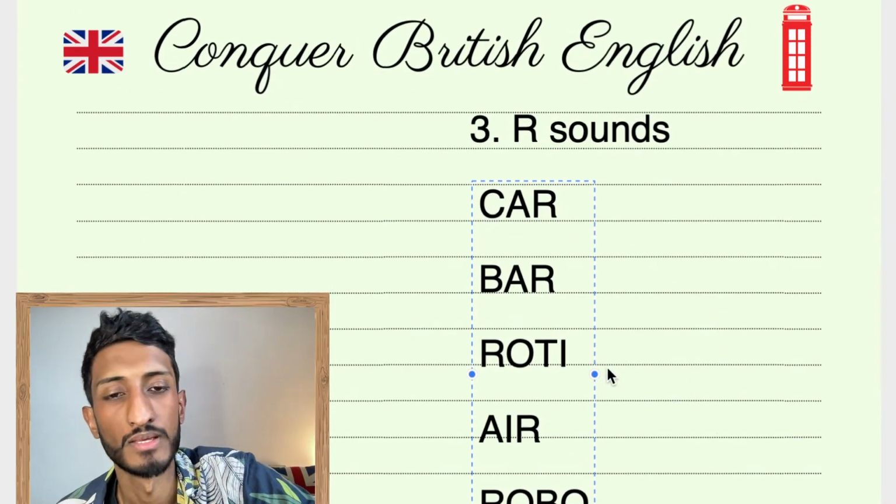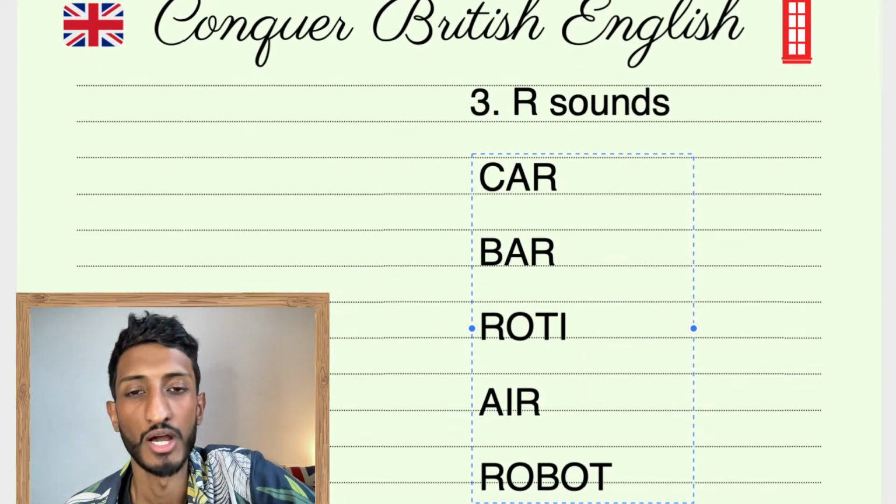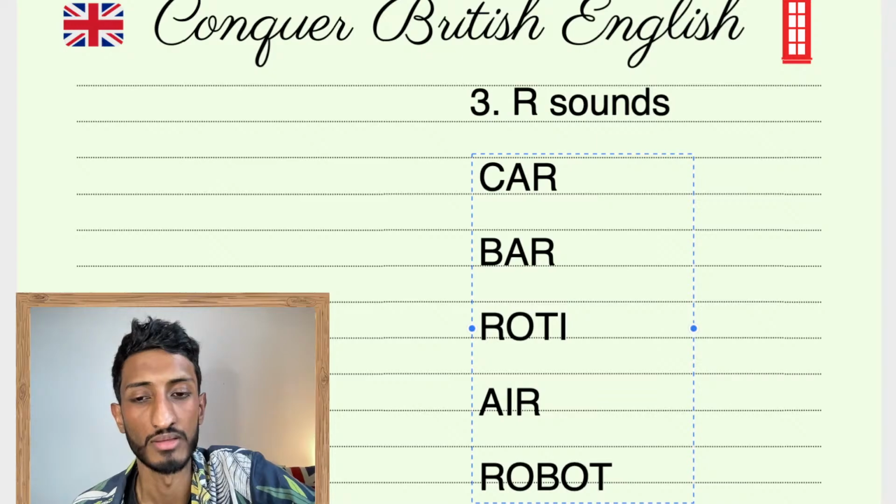Right, let's just analyze these for a second. I'm going to read these ones out with the British accent, and then I'm going to switch to the Indian accent.